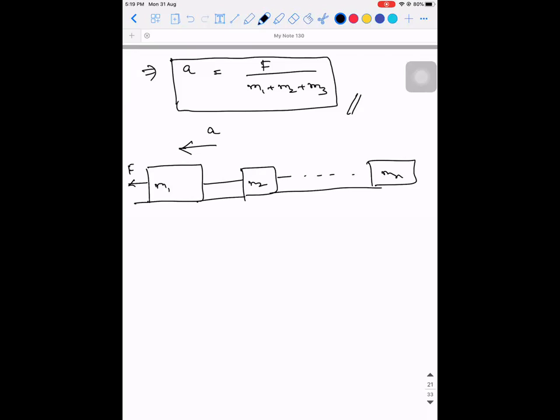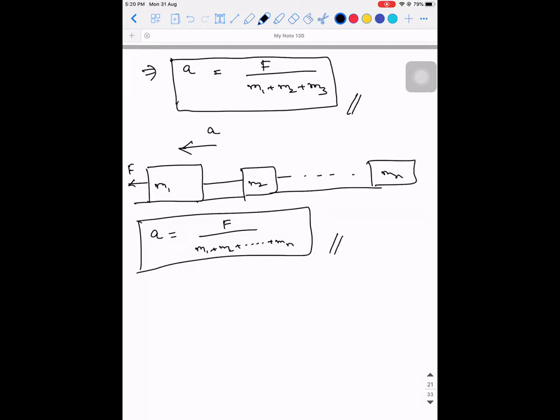All the objects will have the same acceleration because by default the string is inextensible. So what will the answer be directly, in one step? A will be equal to F divided by M1 plus M2 plus dot dot dot plus Mn. That's right. Did you understand?